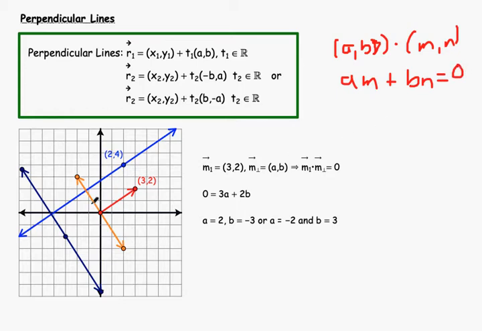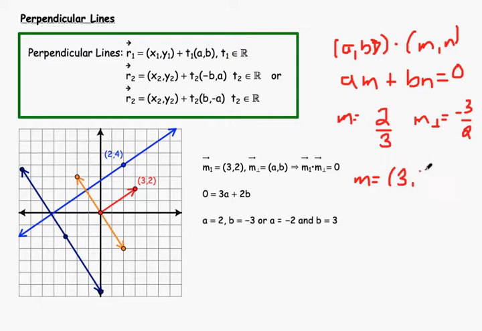An alternate way to think about this, because we are in R2, is to think about a slope. Let's say we have a slope of 2/3. Then the slope of a line perpendicular to that would be -3/2. As a direction vector, though, we start with the x component first.